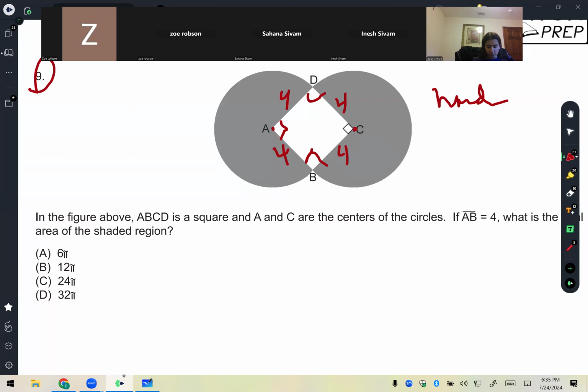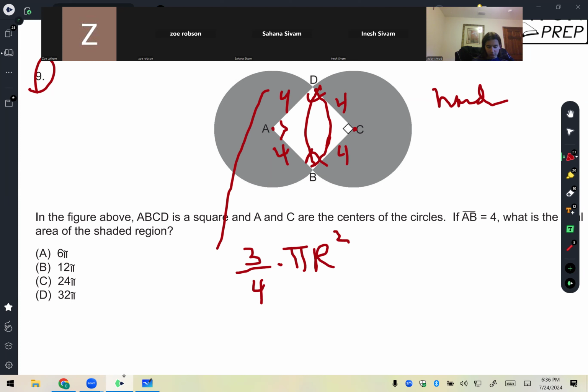Now, unfortunately, I can't take two circles and subtract the square because there would be an overlap. And so if you were an architect, you couldn't do that. So basically, this Pac-Man is going to be 3/4 of pi r squared, where the radius is 4.